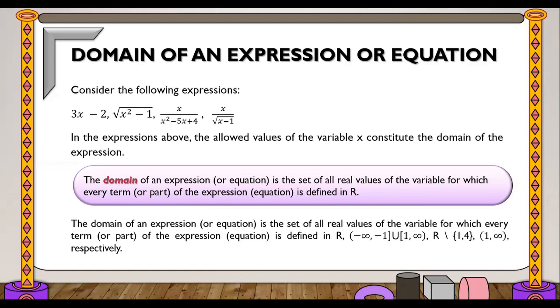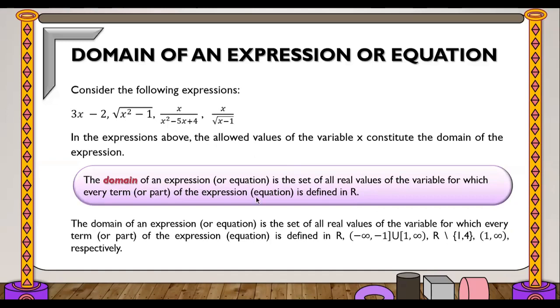So, dun sa ating four expressions, ang pwede nating maging domain ay ang mga sumusunod. So, the domain of an expression or equation is the set of real values for which every term or part of the expression or equation is defined in real. So, we have, sa first expression, yon ay defined in real number. Then, yung second expression natin, the set of negative infinity, comma negative 1, closed union closed 1 up to positive infinity.